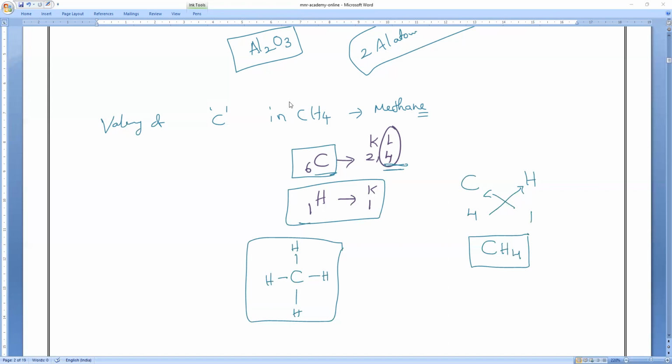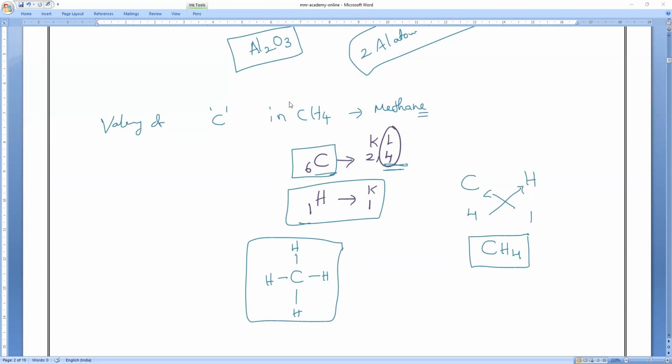Clear everyone? All of you? So every element, what is the purpose of sharing electrons? To become stable in nature, to acquire the stability. To acquire the stability only, they will share the electrons or receive the electrons.